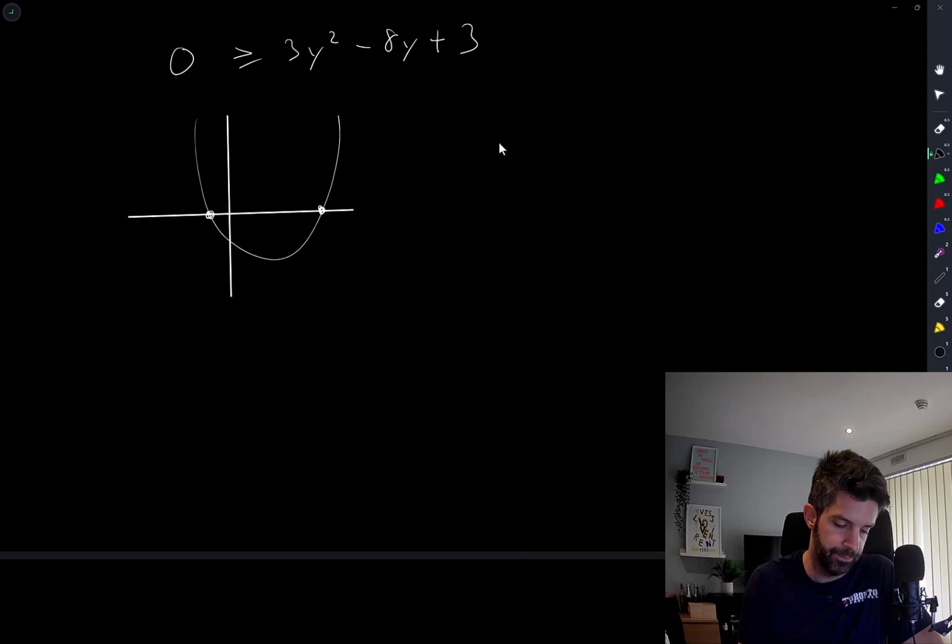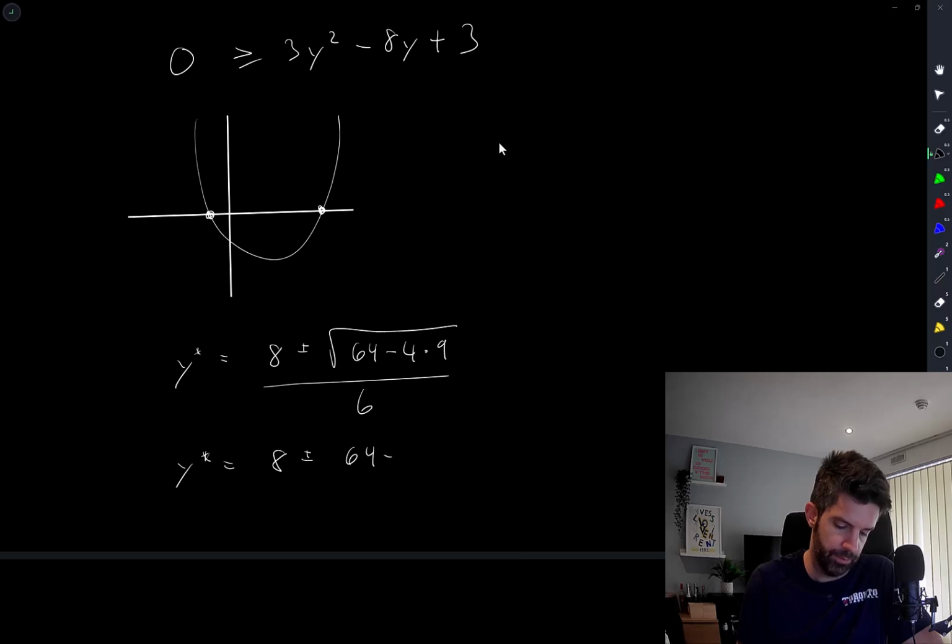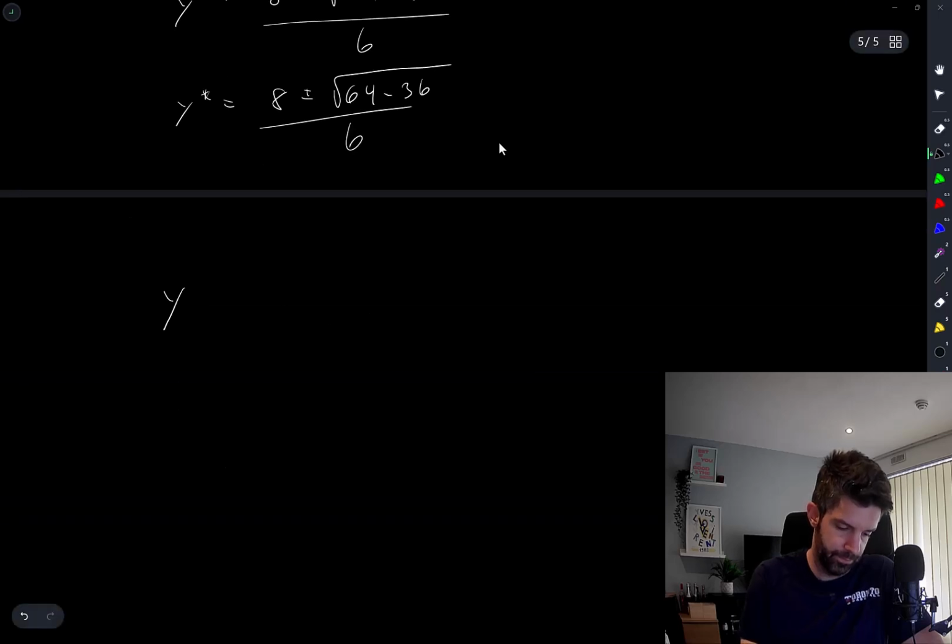So the roots, let's call it y star: 8 plus or minus root of 64 minus 36, over 6. 64 minus 36 is 28.